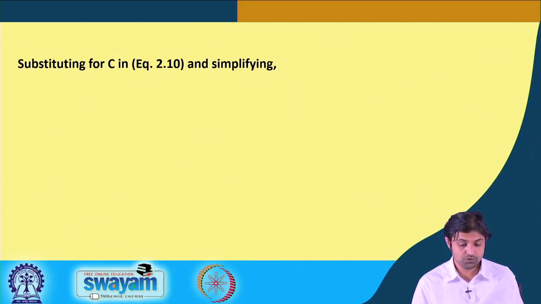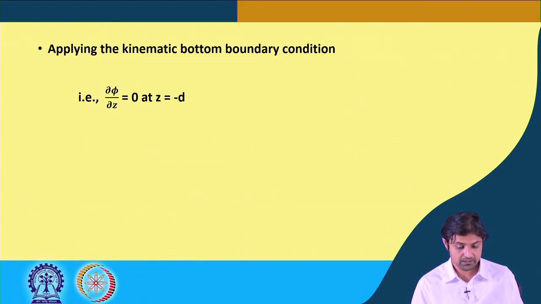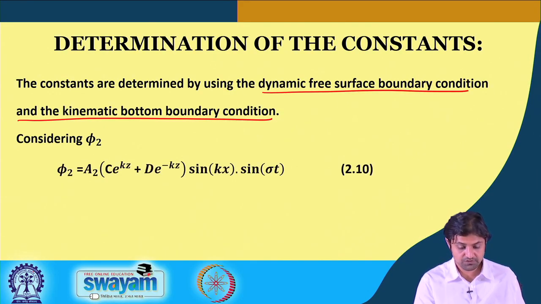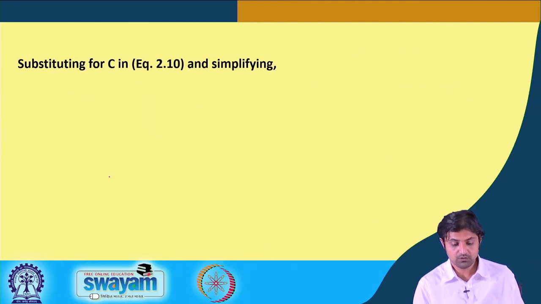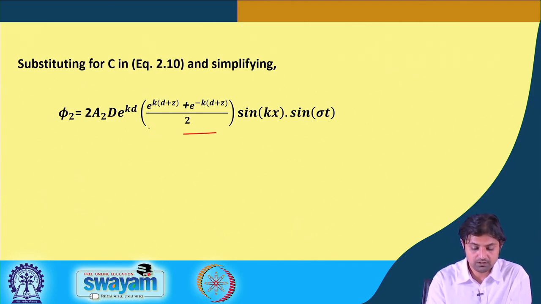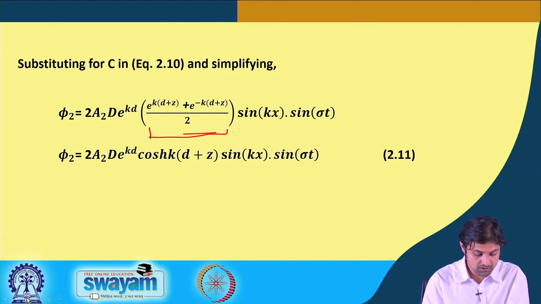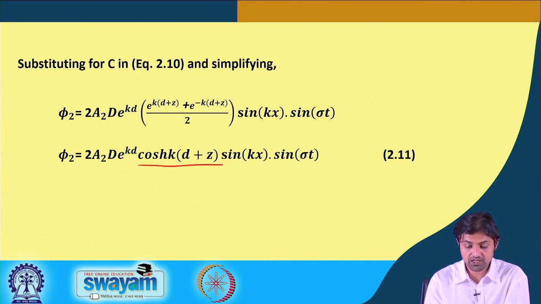Now, if we substitute for c in equation 2.10, so instead of c we put d into the term that we have got, we are going to get phi 2 is equal to 2a2 d into e to the power kd, okay, into sin kx sin sigma t, or simply we can write this as nothing but cosh k(d plus z).